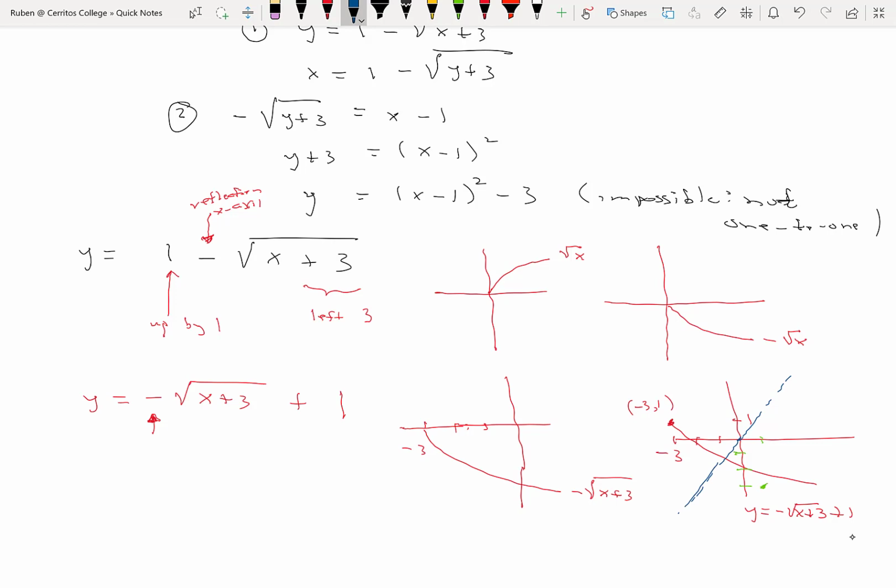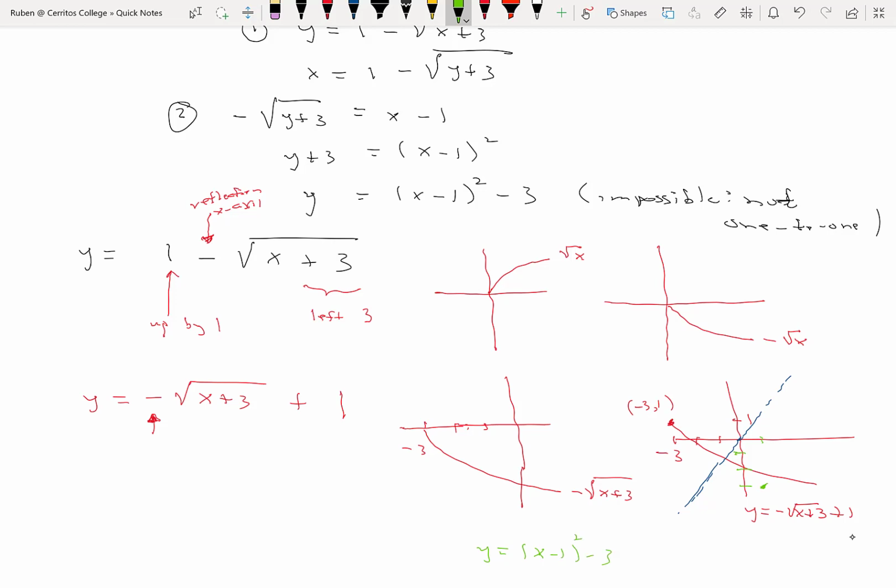Now, the function that we'd like to be the inverse has to look like y equals x minus 1 quantity squared, the parabola, minus 3.